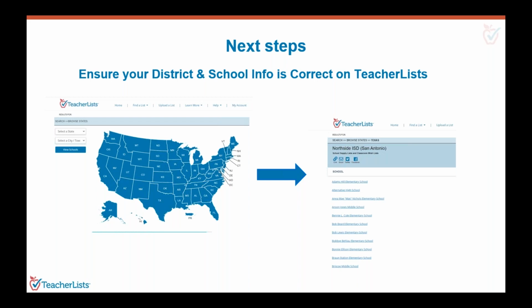A lot of times parents, if they just stumble across the TeacherList site, can access your school by the zip code. So we want to make sure that we have that correct. But ultimately, the most accurate, the easiest way for your families to locate their school supply list is by having that link on your district site that goes right to your district page.